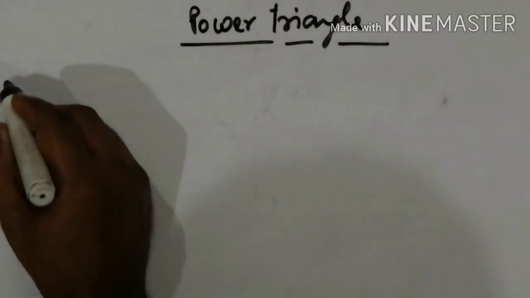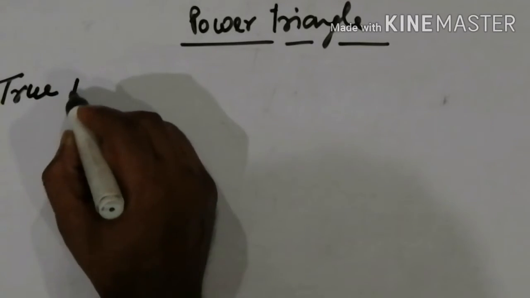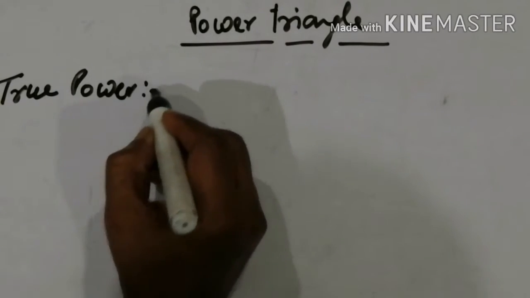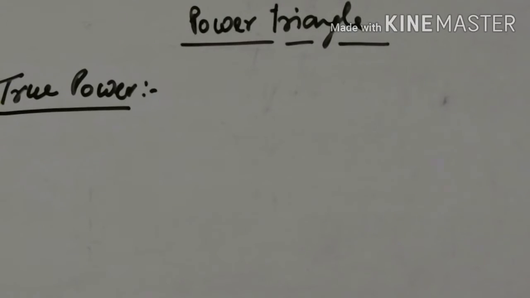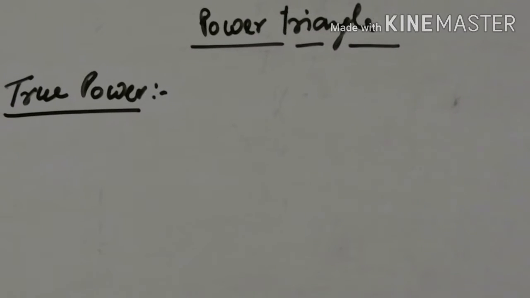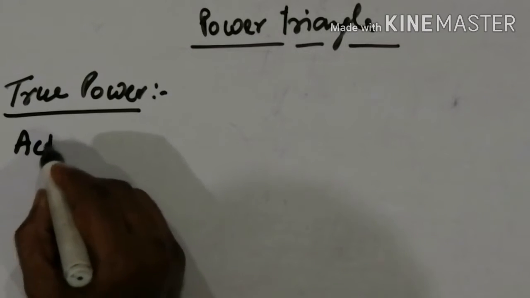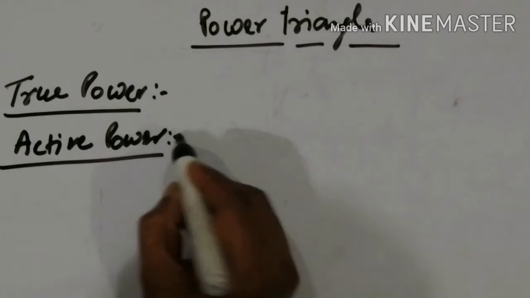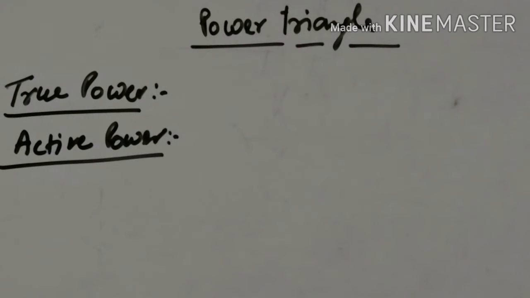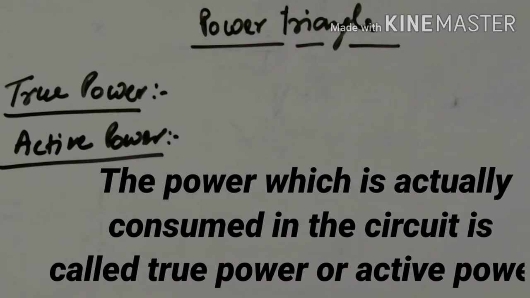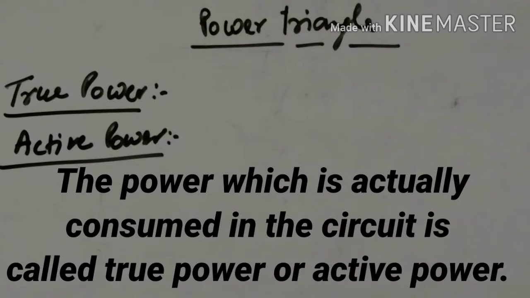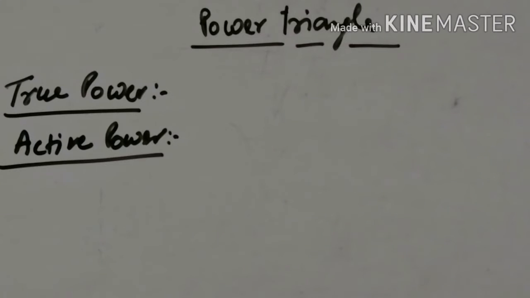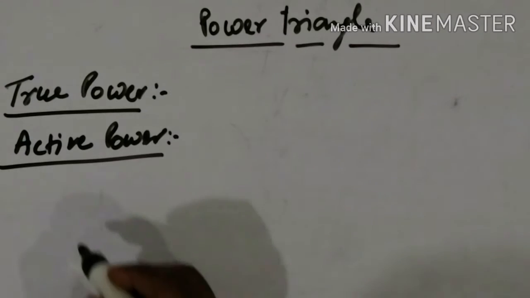Now the first one is true power. It is also known as active power. Listen, power which is actually consumed in the circuit is known as true power or active power. It is consumed by the element resistance.